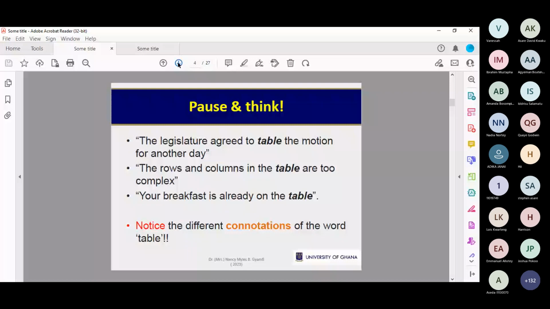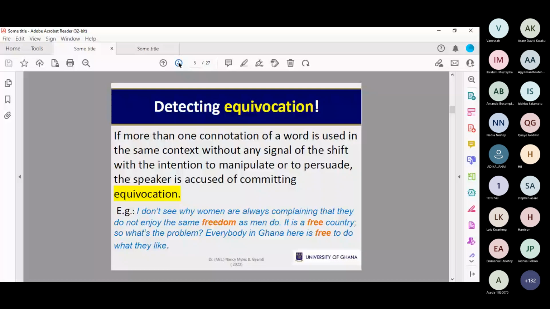And so, detecting equivocation. Detecting equivocation: if more than one connotation of a word is used in the same context, and I don't know if I emphasized that, but even if I did, I want to touch on it a little bit more.